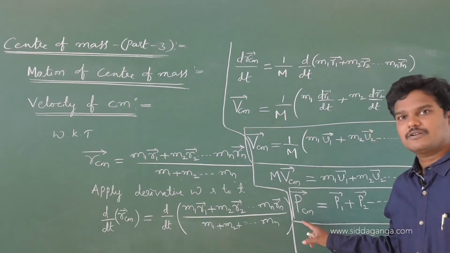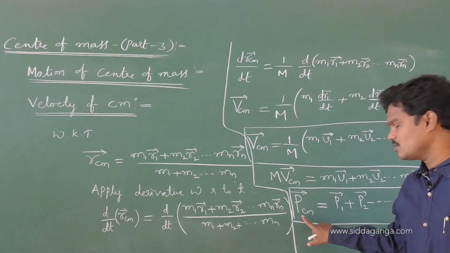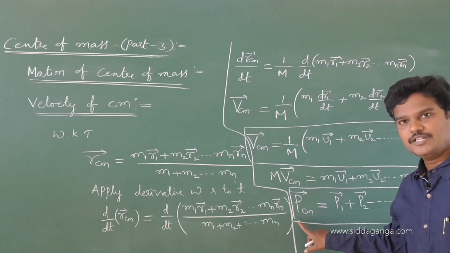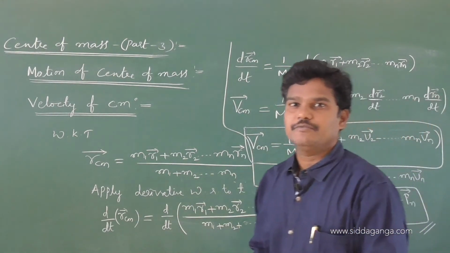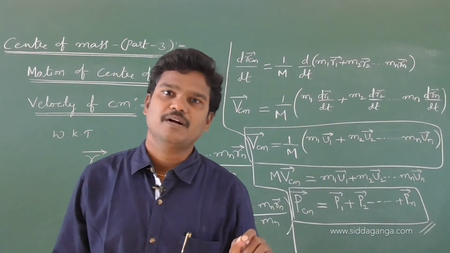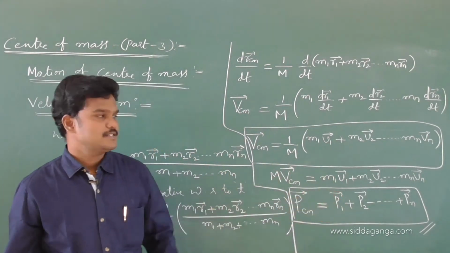The total momentum of the center of mass of a rigid body is equal to the sum of the individual momentum of particles.